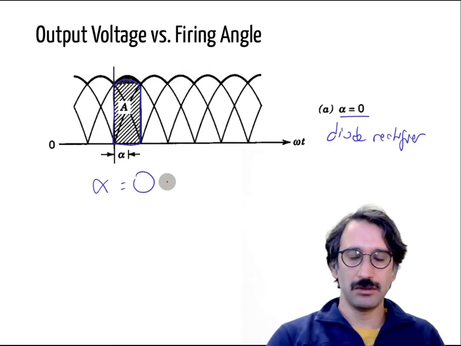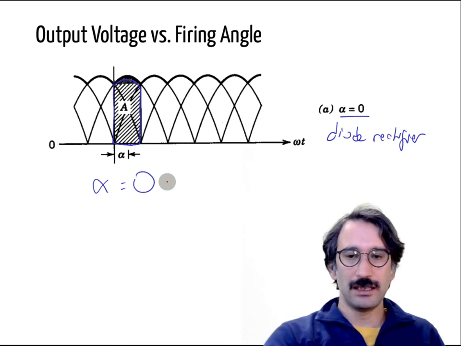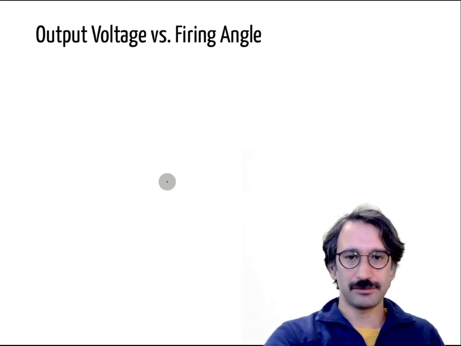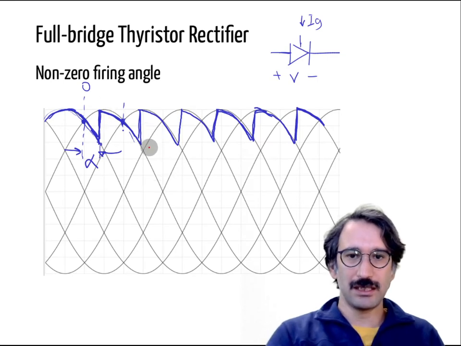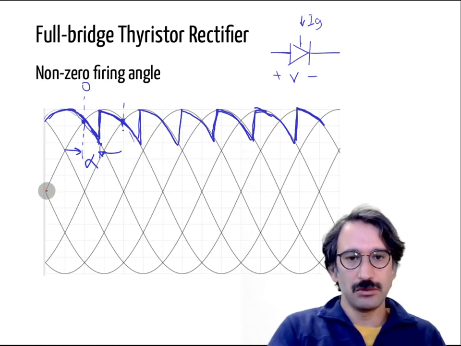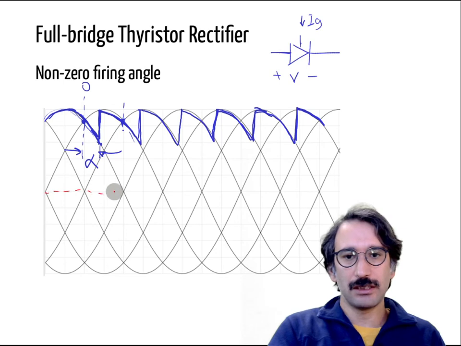So let's try to calculate that average voltage. We have that kind of waveform, and there are two methods to calculate the average voltage.